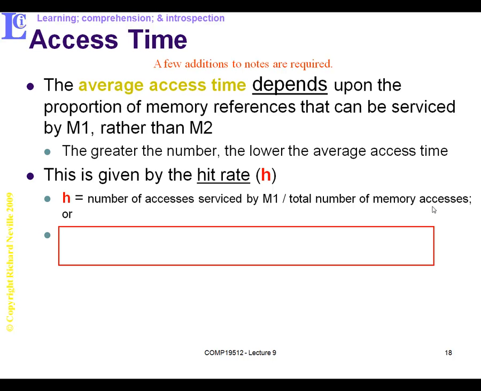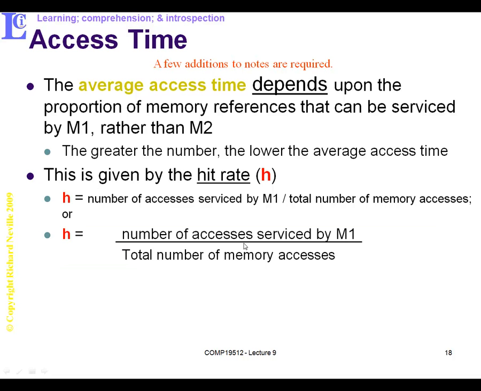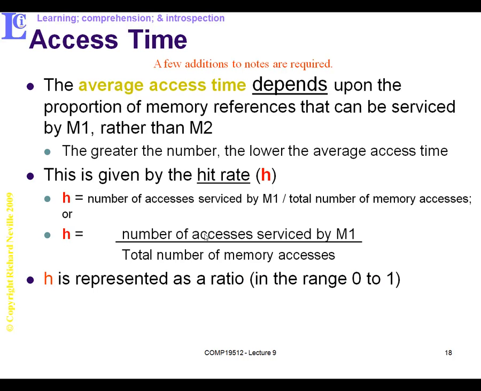Okay? So we'll look at these figures in a minute to try and give you an idea of that ratio of number of accesses serviced by M1 over total number of accesses. Let's look at it in this blank box. So you're going to have to write this down in the lecture. So H equals number of accesses serviced by M1 over total number of memory accesses.